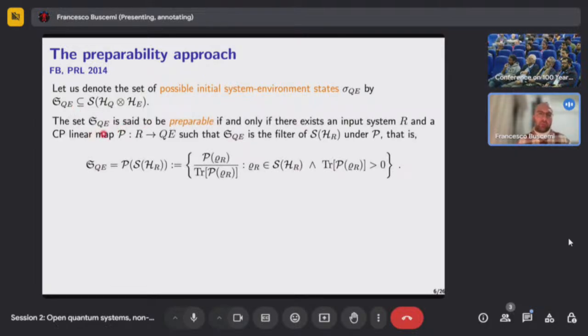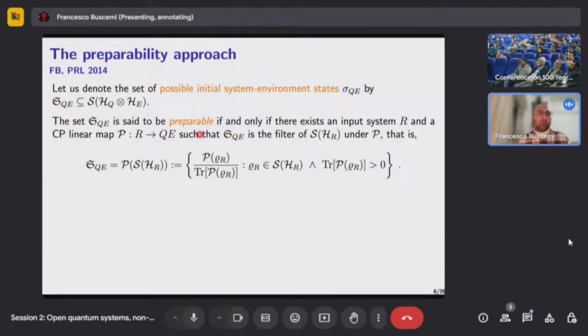So now there are a few definitions here. You say that this set is preparable if and only if there exists an input system R that you can imagine as being the pump, sort of, some kind of raw resource that you put into some box, okay, which is a completely positive linear map that outputs states in this set, all right?